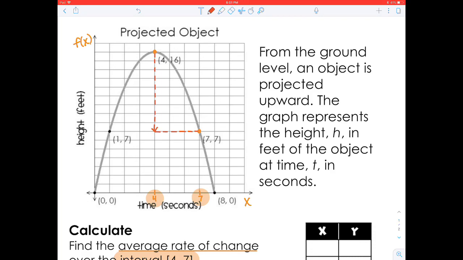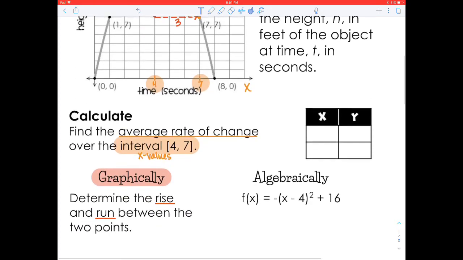So I went down 1, 2, 3, 4, 5, 6, 7, 8, 9. Remember, when you go down, you're negative. So my rise is -9. And then my run, I'm going to the right, so it's positive: 1, 2, 3. So +3.